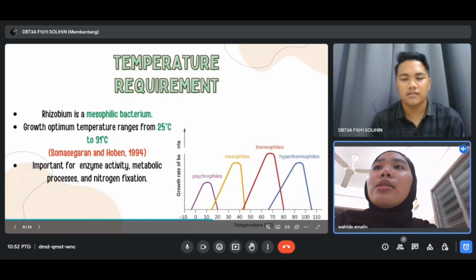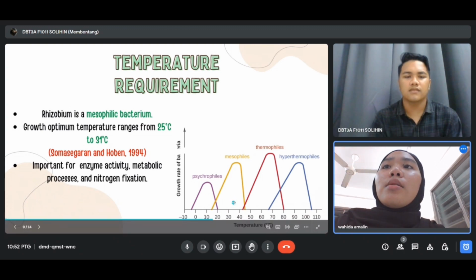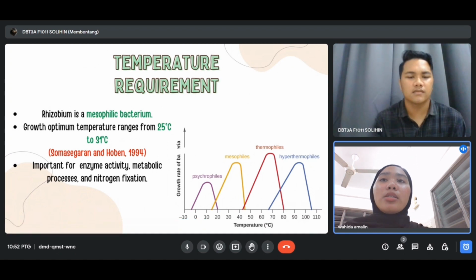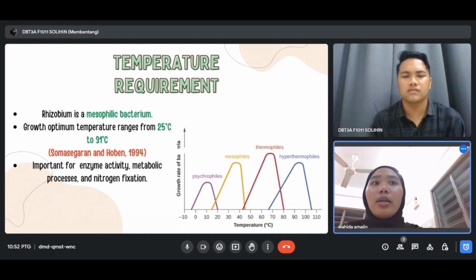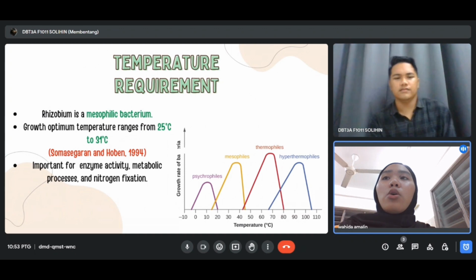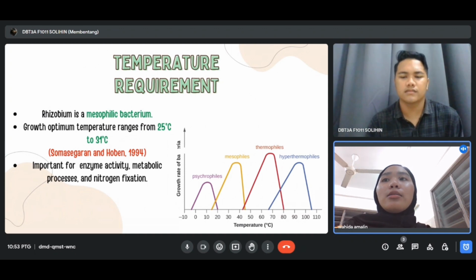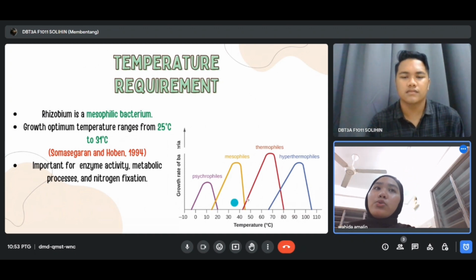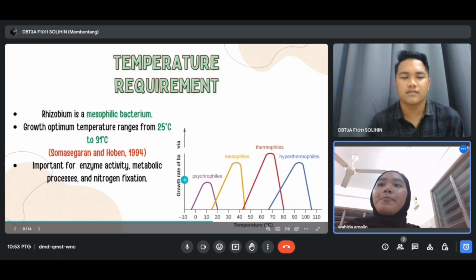So this bacterium can grow at 25 Celsius to 31 Celsius for its optimum temperature, based on the reference that I took from a website.